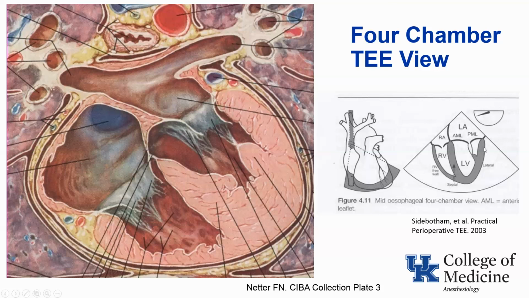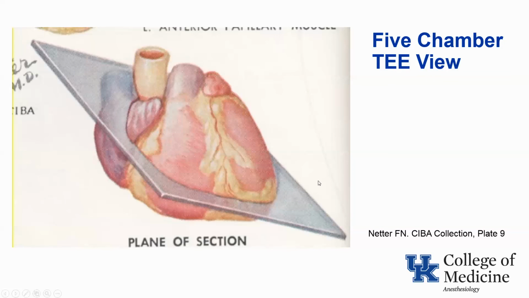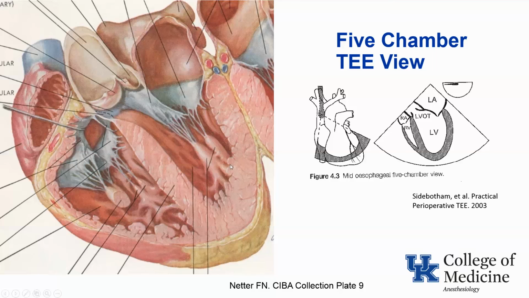And here's a display of the diagram. The five-chamber view shows not only the two atria and the two ventricles, but also the outflow tract of the left ventricle, and that is illustrated in this diagram.